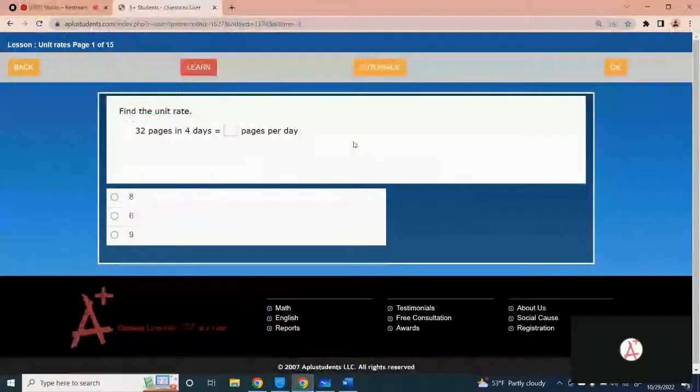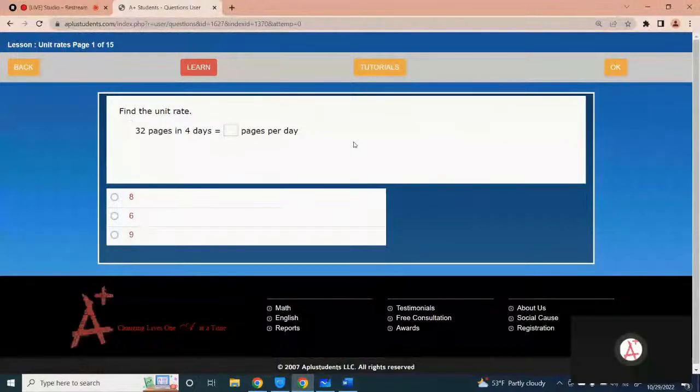32 pages in 4 days. So how many pages per day? Divide 32 by 4. The answer is, 4 times what number makes 32? 4 times 8 is 32.